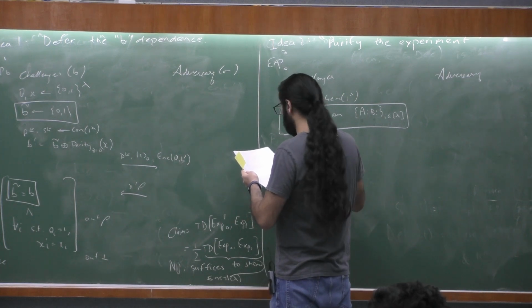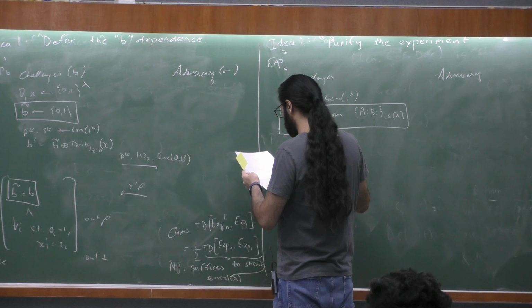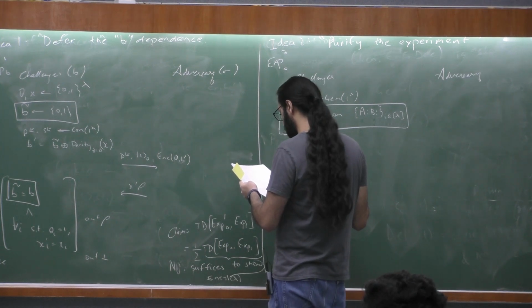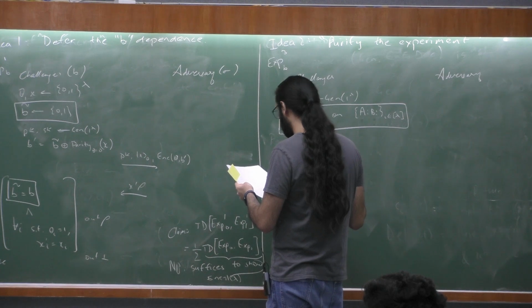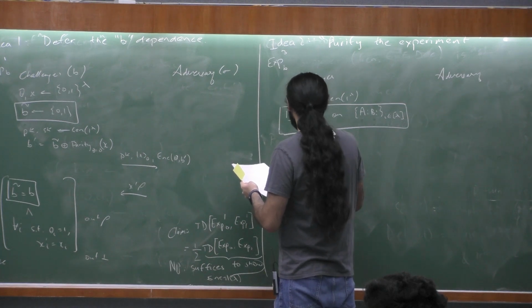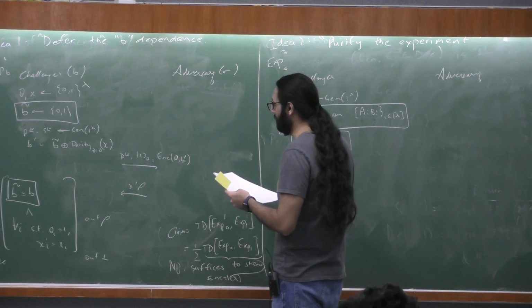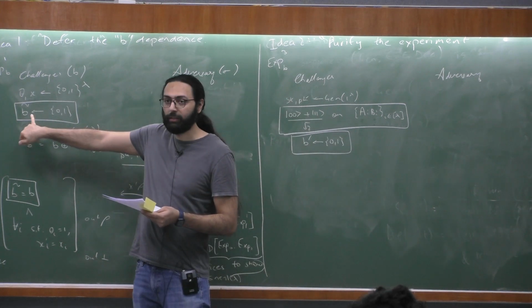And now, okay, nice. Okay, and then now you sample B prime also at random. Okay, so earlier we were computing B prime using B tilde.